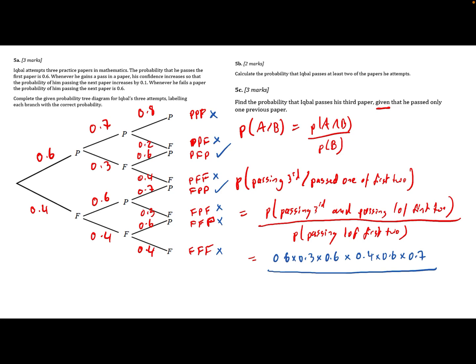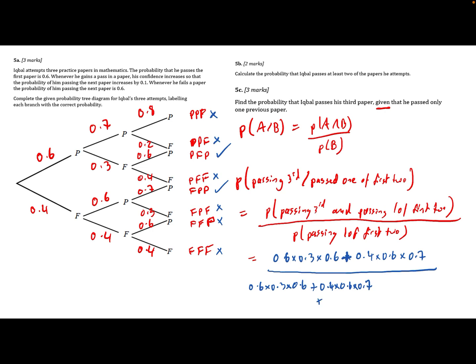Well, it's the two that we've already said, definitely. So I can write that underneath, 0.6 times 0.3 times 0.6. Sorry, this should be a plus, because it's that or that. Plus 0.4 times 0.6 times 0.7.